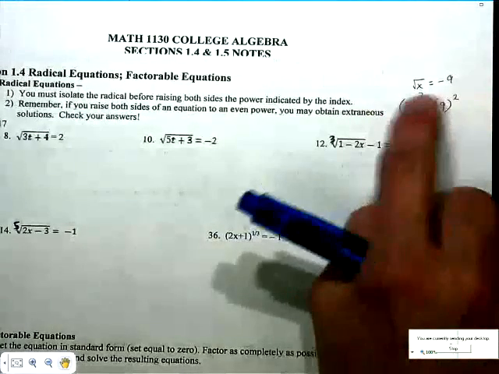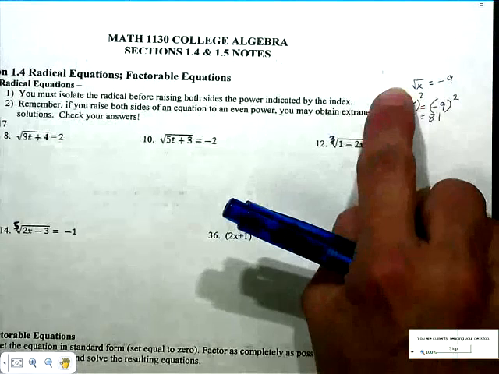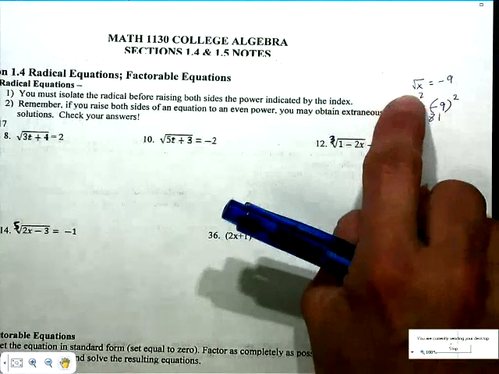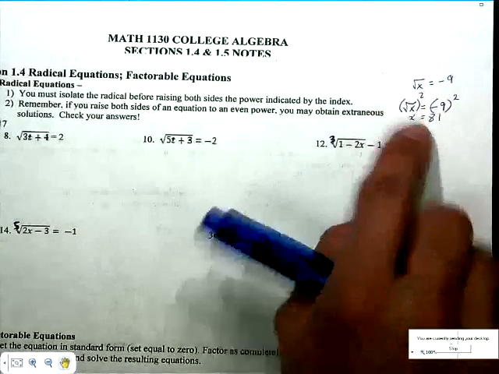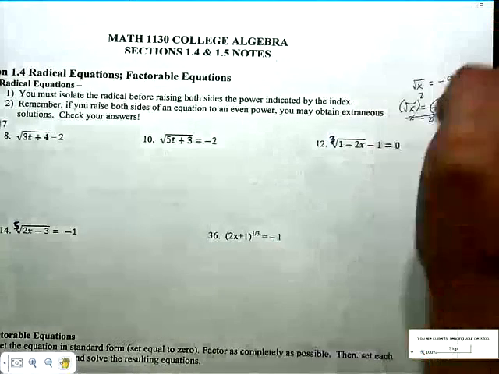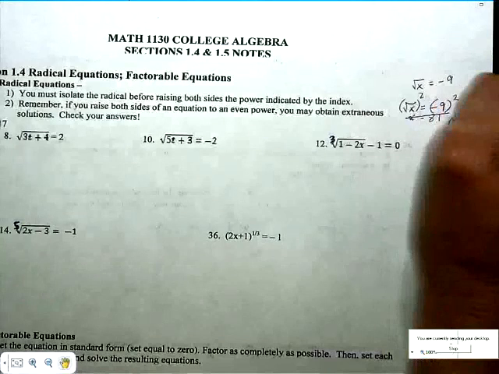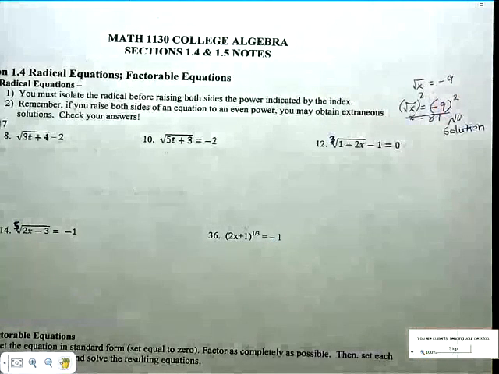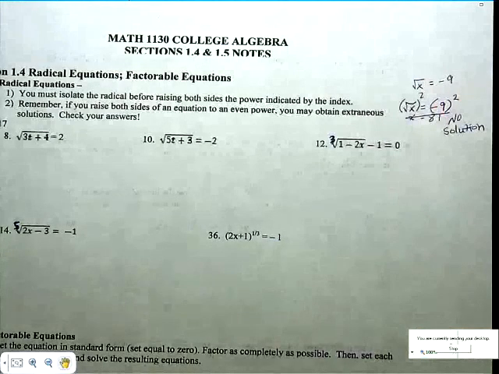No. That radical symbol means the positive square root. If I wanted the positive or negative square root, I'd have to put a plus or minus in front of it. So that's just an example of how you can square both sides and get an answer that doesn't work. You just have to mark it out and write no solution. Now that doesn't happen when you raise both sides to an odd power. So you're really just watching out for that when you raise both sides to an even power.